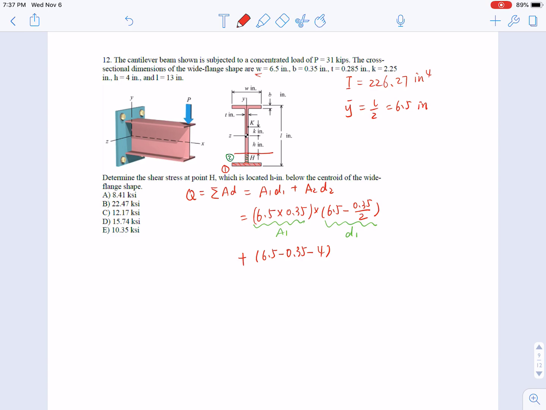This number is the height of this small rectangle, times the thickness, which is 0.285. So this is your area A2.